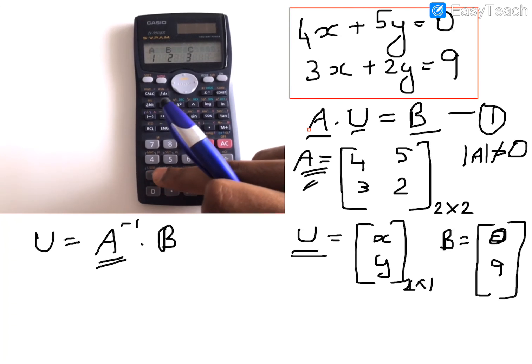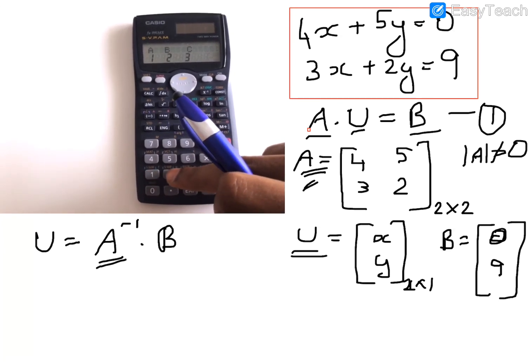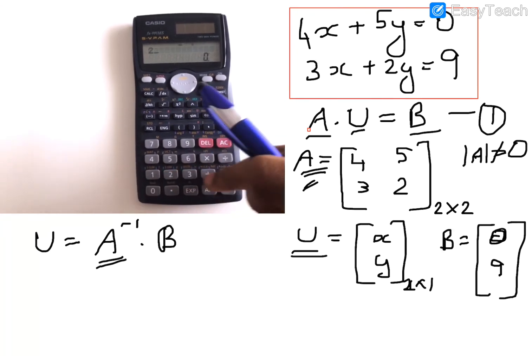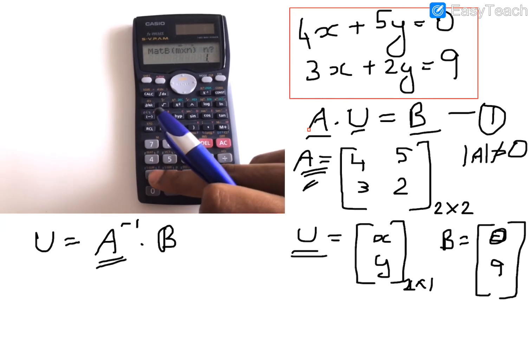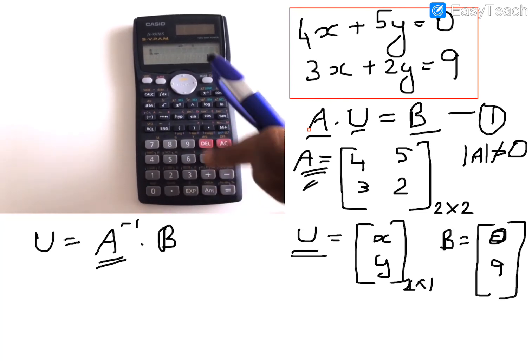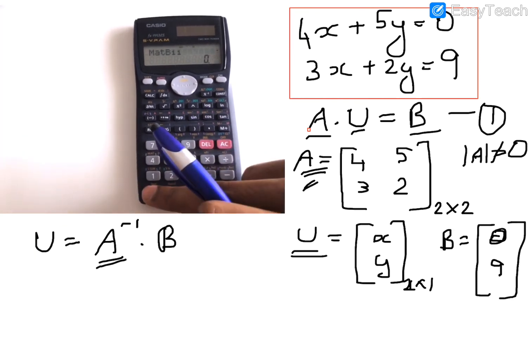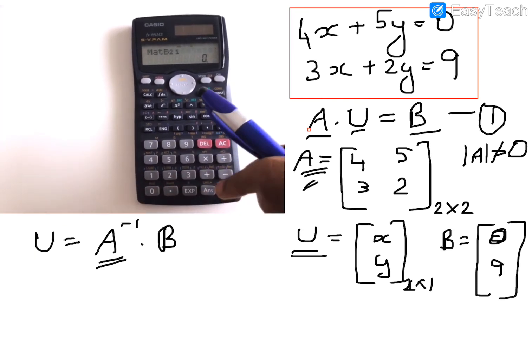Okay, so I'm going to select matrix again. This time I'm going to put the values in matrix B, which is going to be 2 by 1. And the values contained in it are 0 and 9.